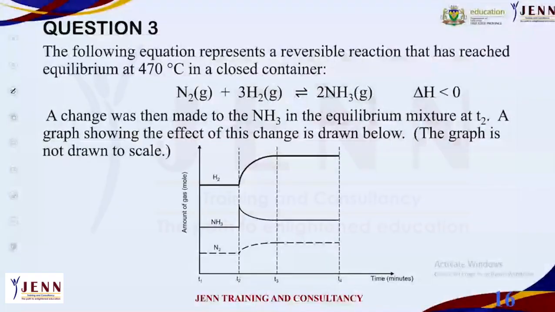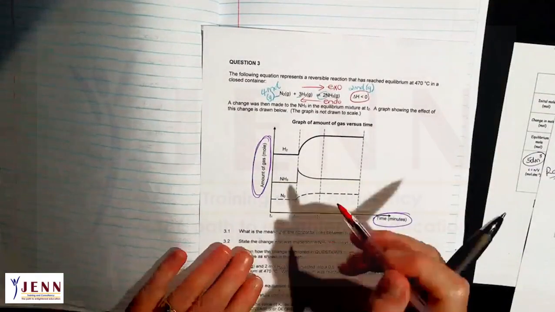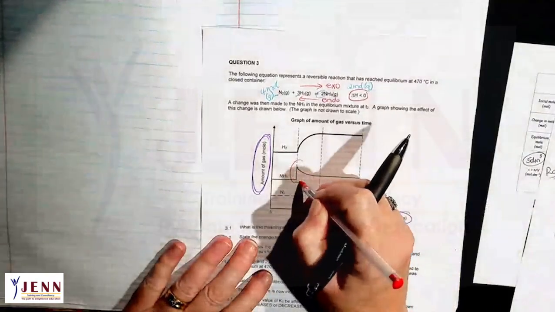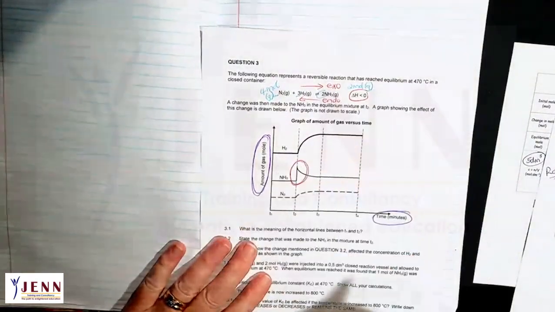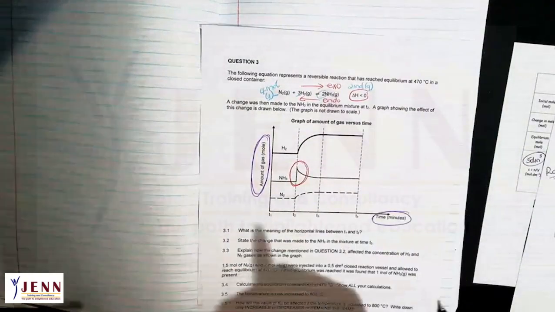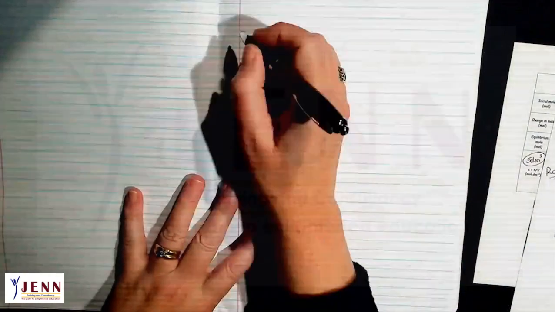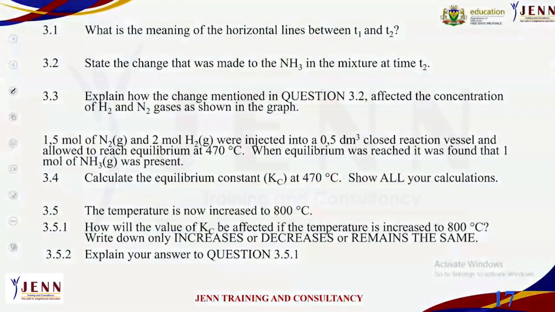Okay, there's my change that I have. So now I look, it's the amount of gas again. There's just one sharp one there that I can see. The rest are just bended parts on my graph. Okay, so let's look here at question number 3.